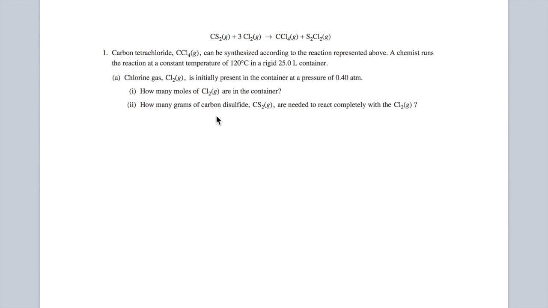Next question, how many grams of carbon disulfide, CS2, are needed to react completely with Cl2? So we already have the number of moles of Cl2 gas, which we calculated in our last question to be 0.310 moles.